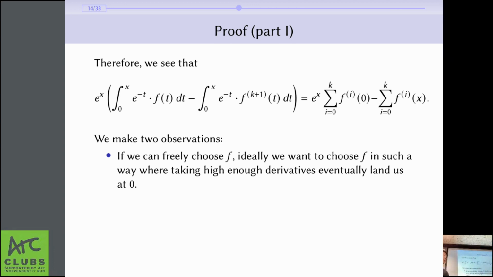What are some possible functions that we could choose that allow this to happen? Well, one way is maybe polynomials. Because if I have a polynomial of degree n, and I compute the (n+1)th derivative, that's just going to become 0, right? So naturally, a good pick for this is, say, f is going to be some polynomial.